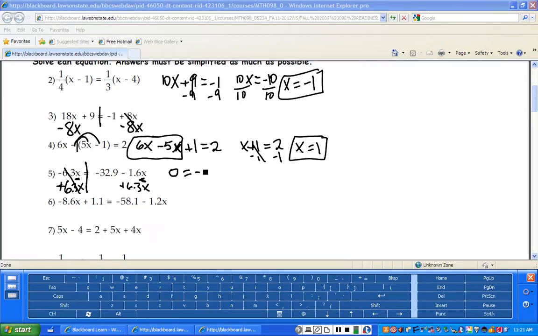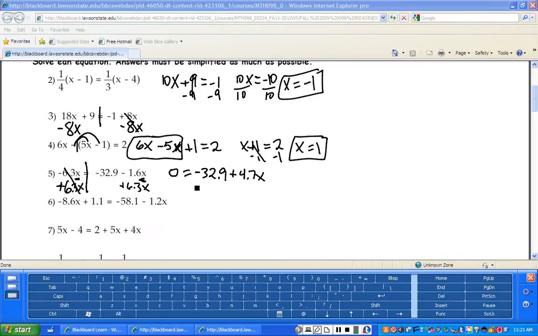Still have my negative 32.9, and when I say my negative 1.6 plus 6.3, I end up with a positive, so plus 4.7x.